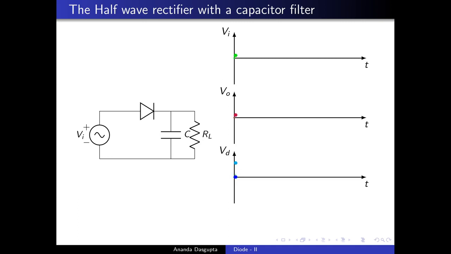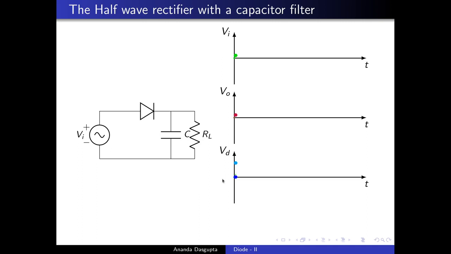Here we have, okay, so the green dot here is the input voltage. The purple dot here is the output voltage. Here you have two dots: the blue dot is the voltage and the cyan dot, the lightly colored dot here, is the current.